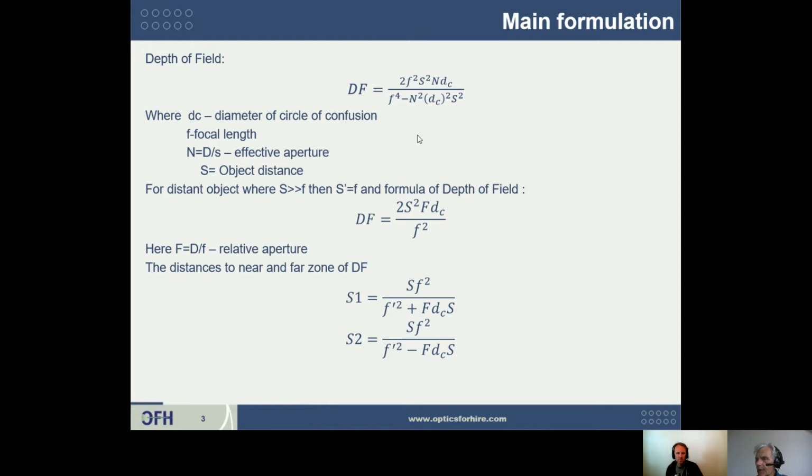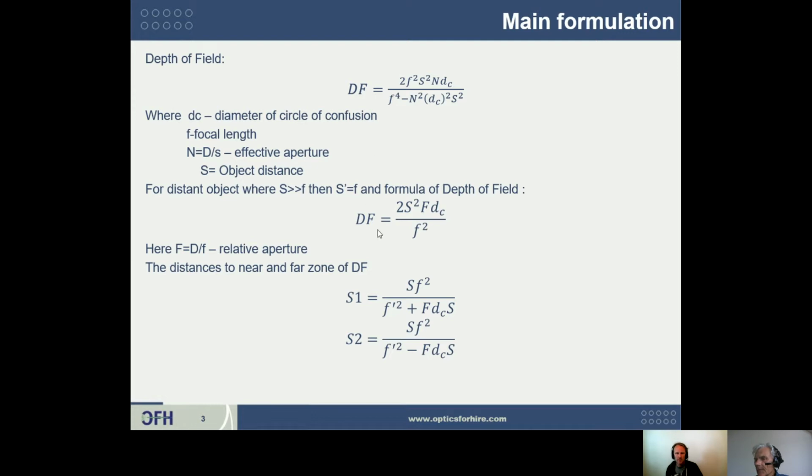F is the focal length of the optical system. S is the distance to the object. N is the numerical aperture, and DC is the circle of confusion. Okay.